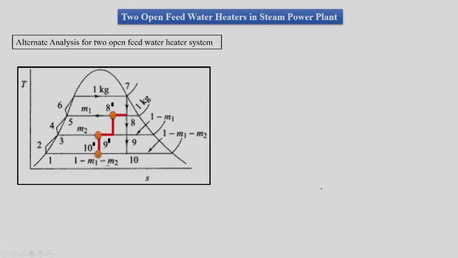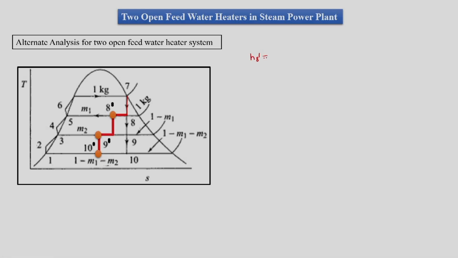Then instead of that, we can have an alternative arrangement where steam got expanded from 7 to 8, but there is some loss of enthalpy from 8 to 8 dash, such that m1 into H8, this enthalpy which is lost, is subtracted from H8, and then we get H8 dash.